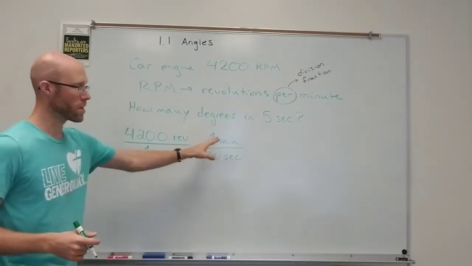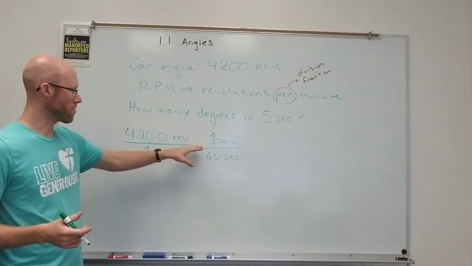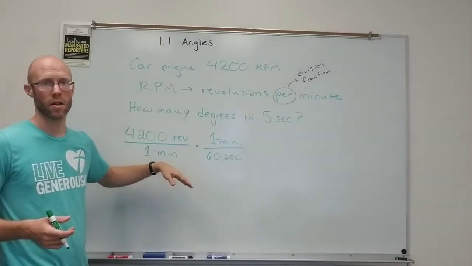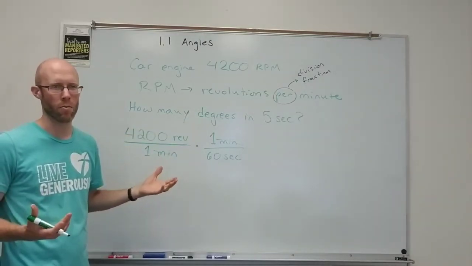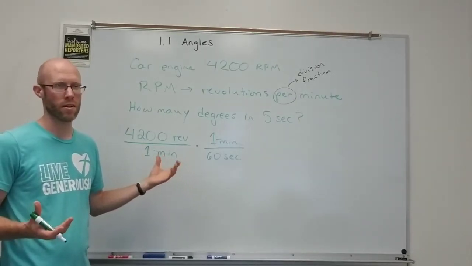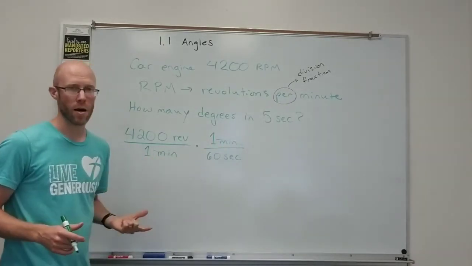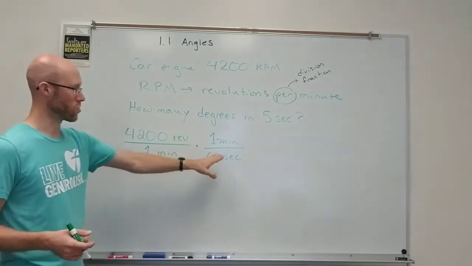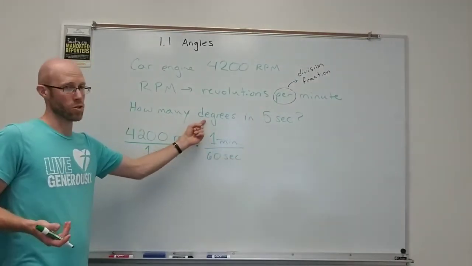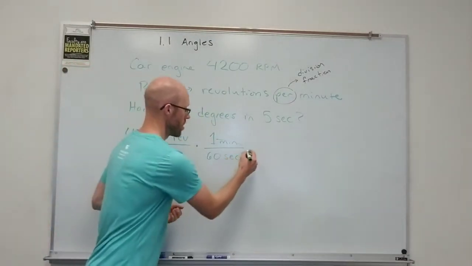Essentially, in any fraction, if you have the same factor on top as you do on the bottom, they cancel. We can kind of do that with units. It's a little bit messy or sloppy, but that's how we're going to think about it. So minutes on top and bottom cancel out, and we're left with revolutions per second. But I don't really want revolutions per second, I want degrees. So I've got to convert revolutions to degrees.